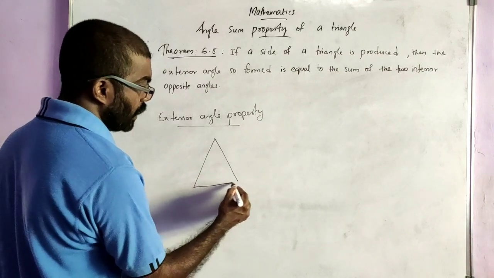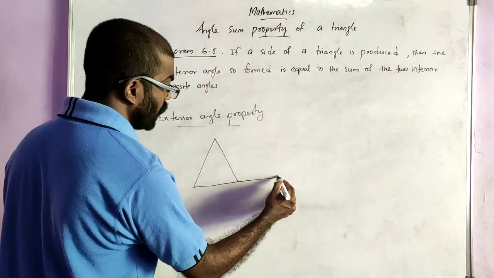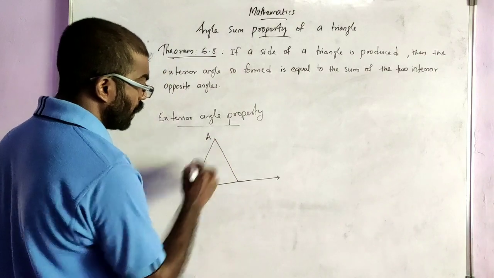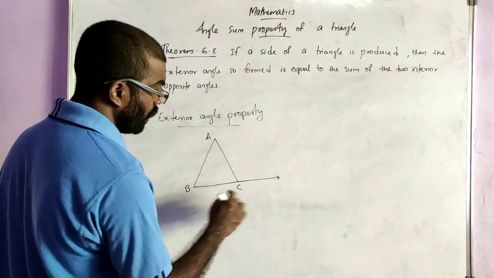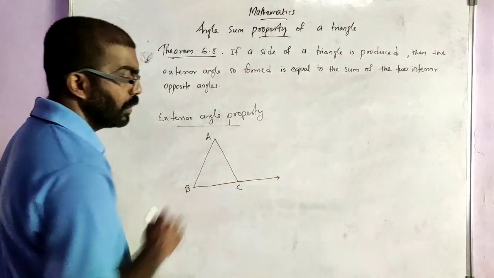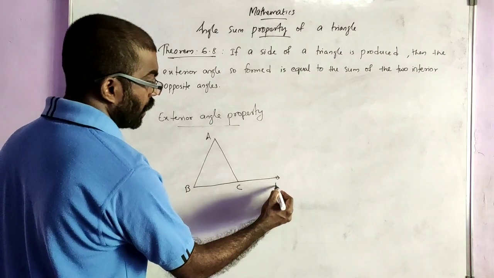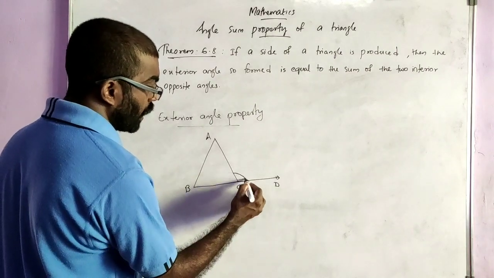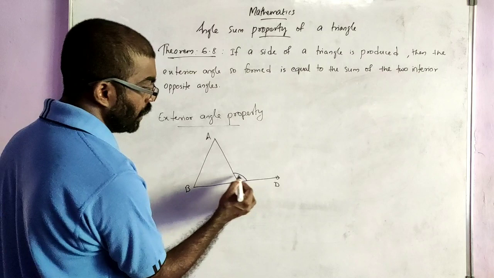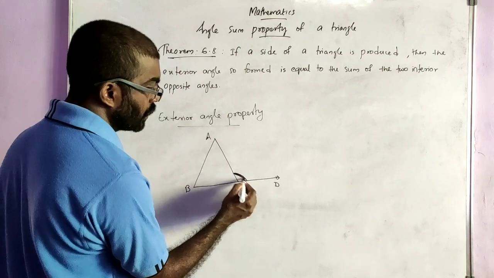If one side is produced, that means if we extend one side, here ABC is the triangle and we extend the side BC. Okay, here we got one exterior angle, namely ACD. Here it is the exterior angle.